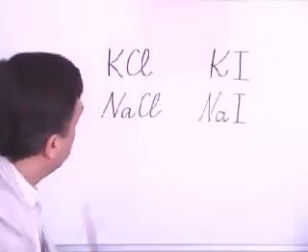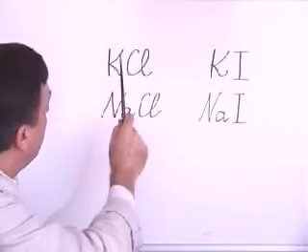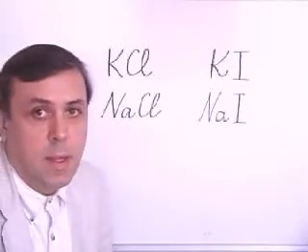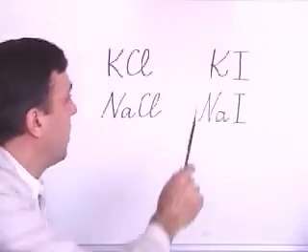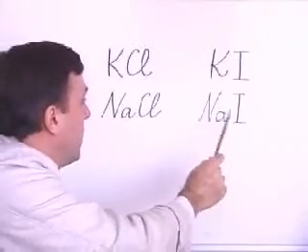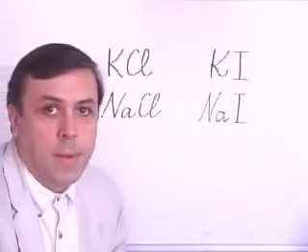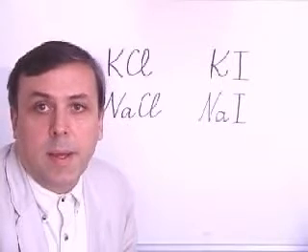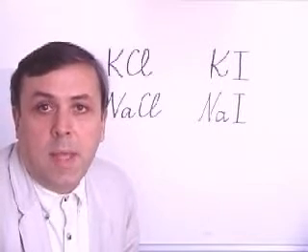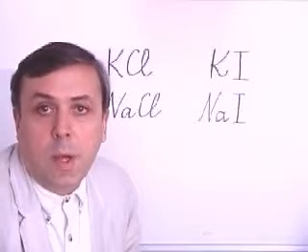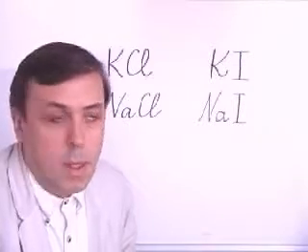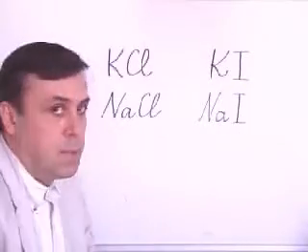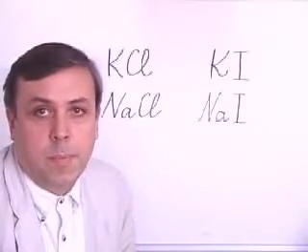It has been established that the difference between the molar conductivities in the first pair is exactly equal to the difference in the molar conductivities of the second pair. This means that the potassium and sodium cations have the same molar conductivities in all kinds of solutions, independent of what type of anion is present in these solutions.